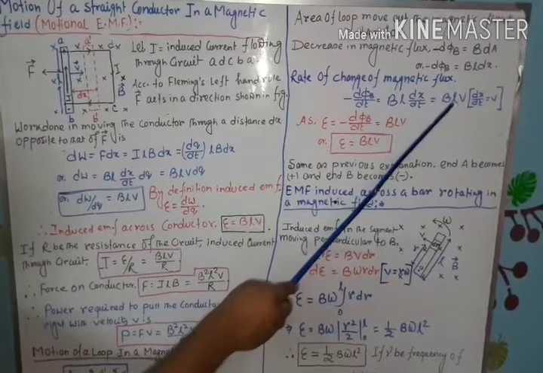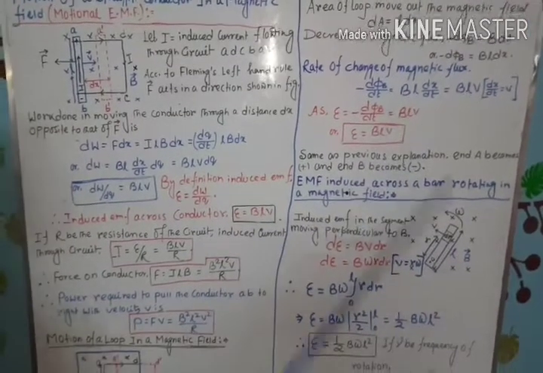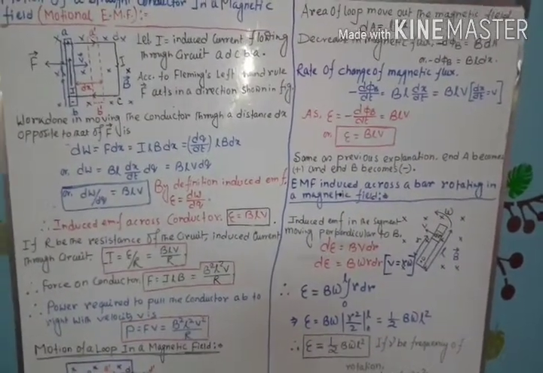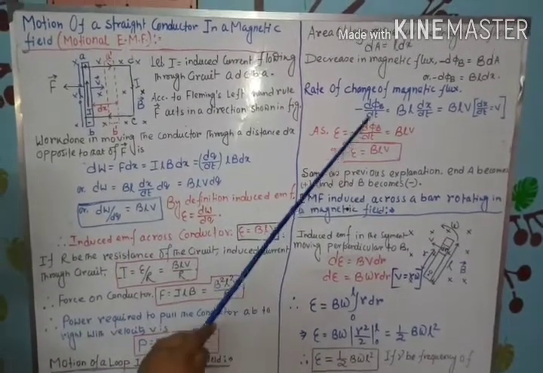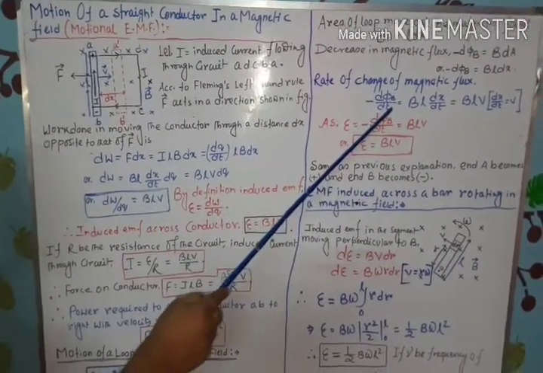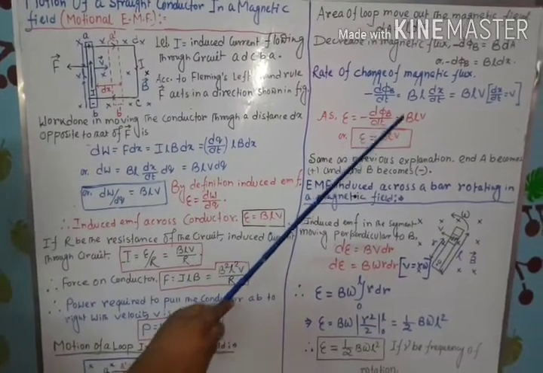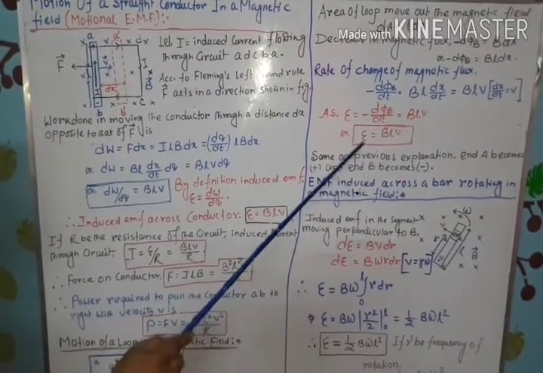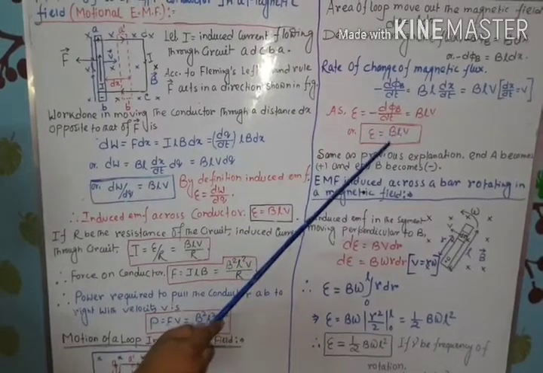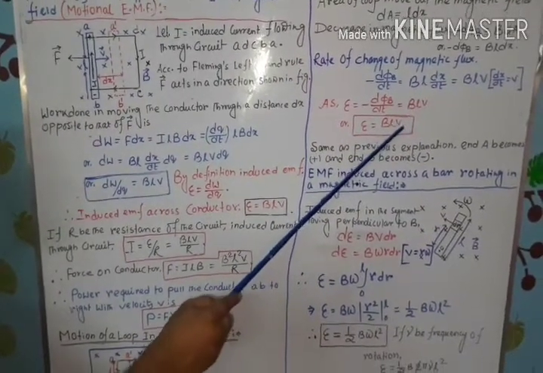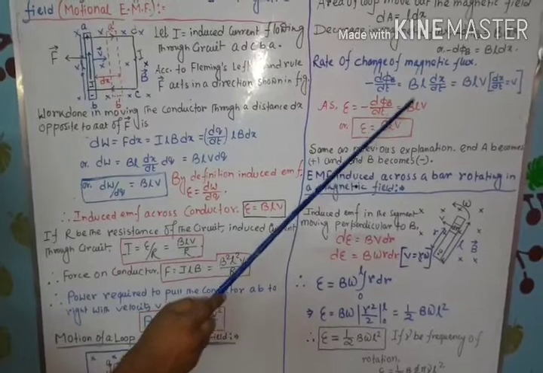So B L V. Clear? According to Faraday's law, minus d phi B by dt is the induced EMF. So E equal to minus d phi B by dt equal to BLV.